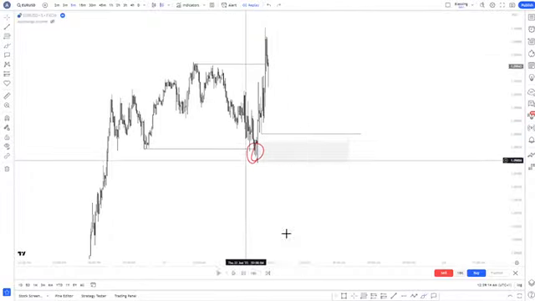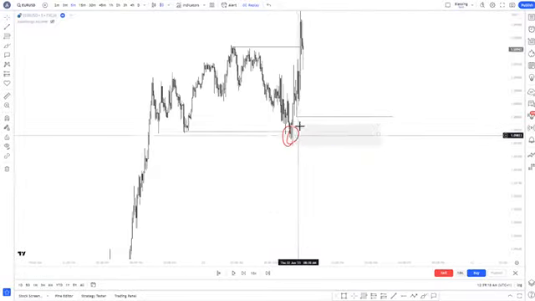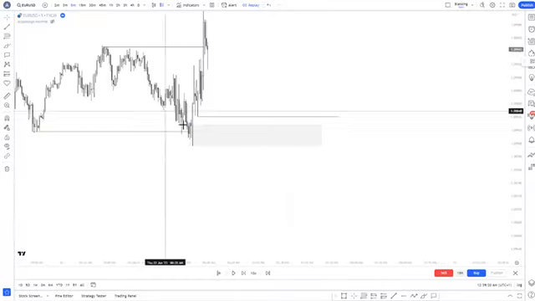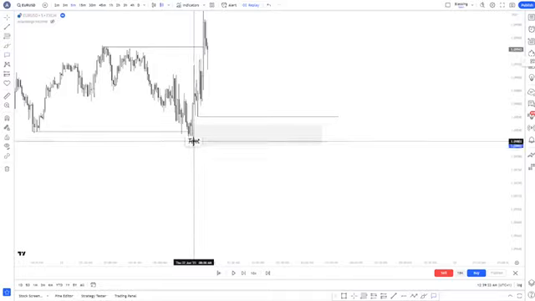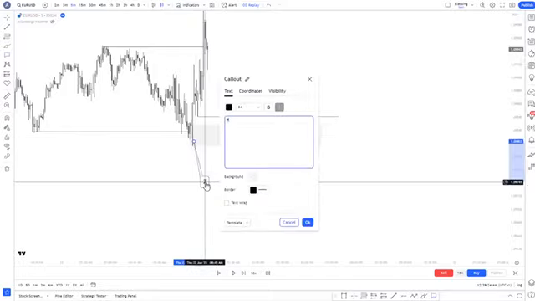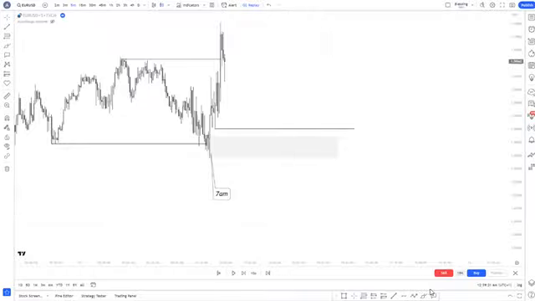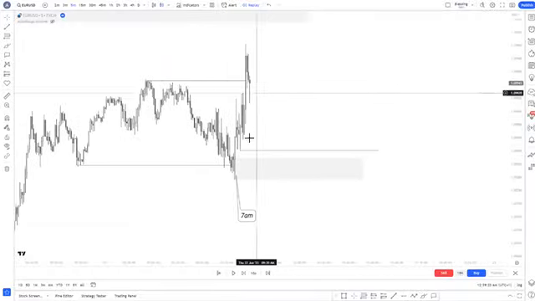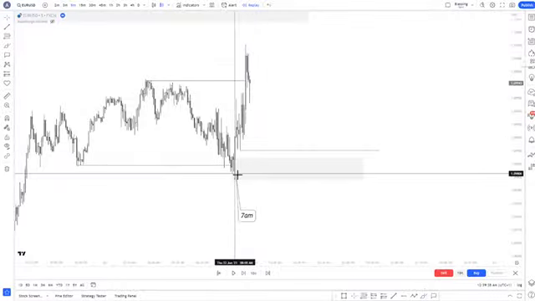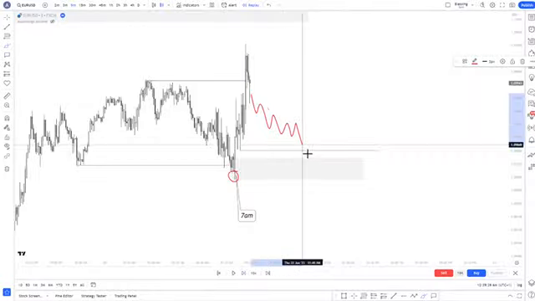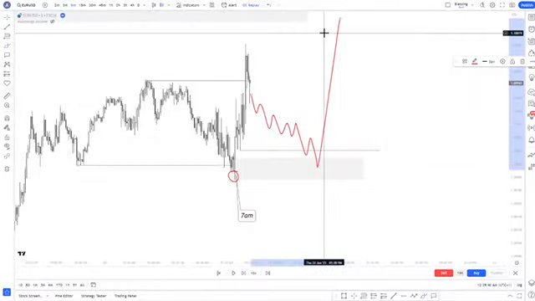Why? Because of this low you are seeing here. First thing, I'm going to give you reasons. This order block is printed at 7 a.m. London open. It is very important because if we are going to continue the buy to the upside, this is a valid zone for me to take the buy. Aside from that, this low is printed at 7 a.m. London, so I was expecting at least to continue the buy to the upside.